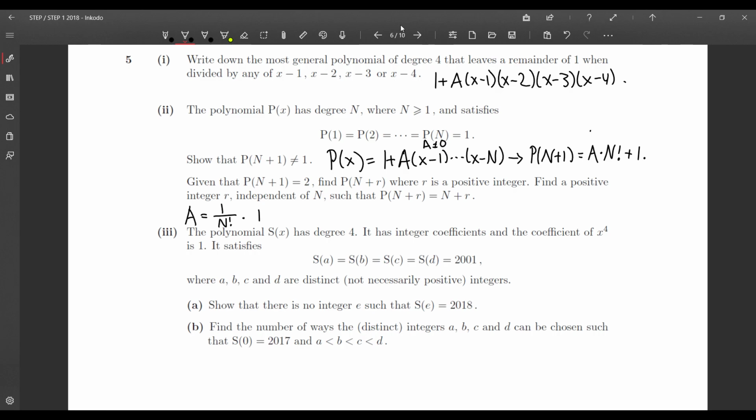Then p of n plus r is gonna be 1 plus r plus r minus 1.